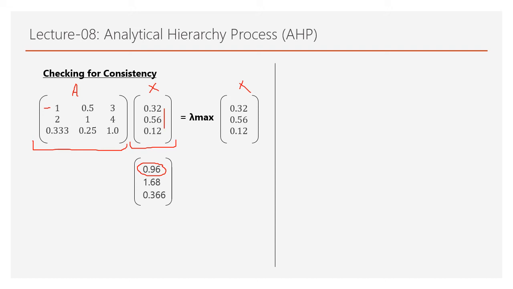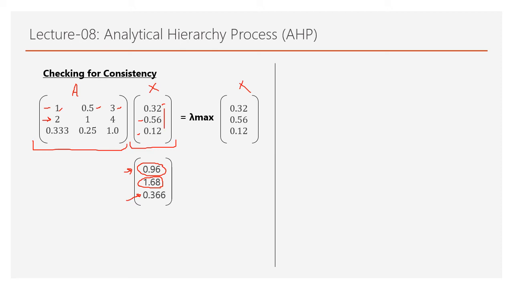So I multiply 1 times 0.32 plus 0.5 times 0.56 plus 3 times 0.12, and I get 0.96. For the second row, I do the same: 2 times 0.32 plus 1 times 0.56 plus 4 times 0.12, and I get the second value, and the third value in the same process.